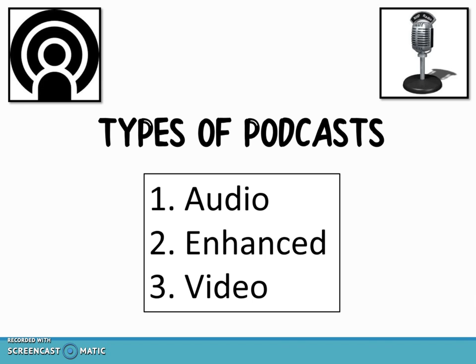And so with these, you can't just use the conventional MP3 audio podcast. And so you need to be aware of this, and maybe if you decide to do an enhanced one, go back and include a conventional MP3 audio podcast version as well, so that any of your listeners can hear.